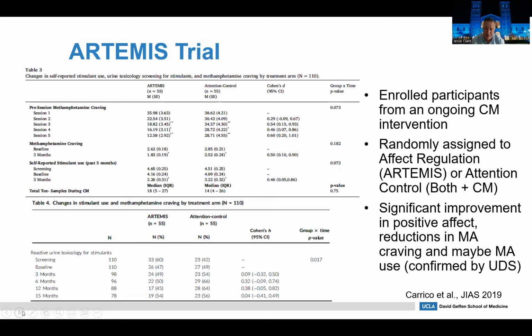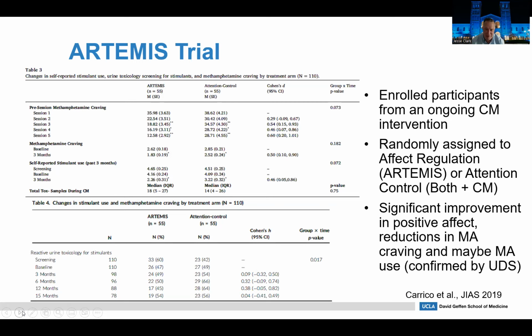And they found there was a significant improvement in positive affect. There was reduced meth cravings, and depending on how you measure it, there may have been reduced meth use. You can see at the bottom that there's a group by time analysis where there was an overall reduction in the number of meth positive urine samples seen over time.